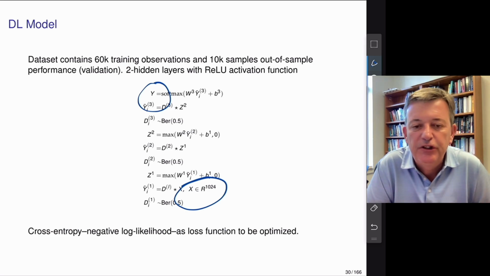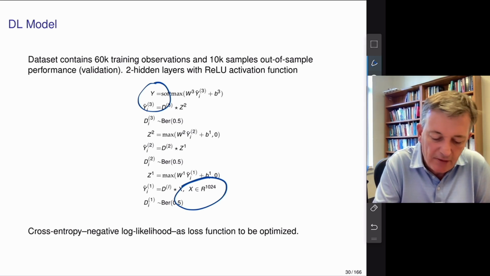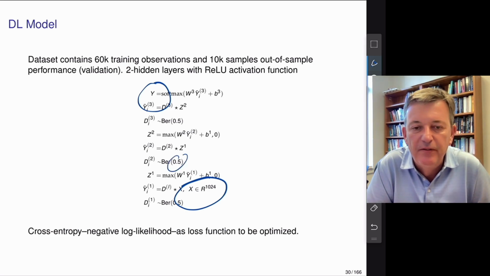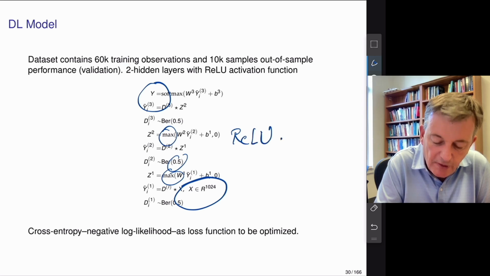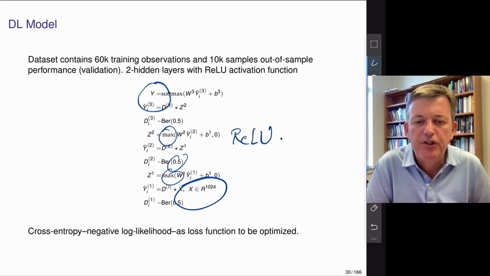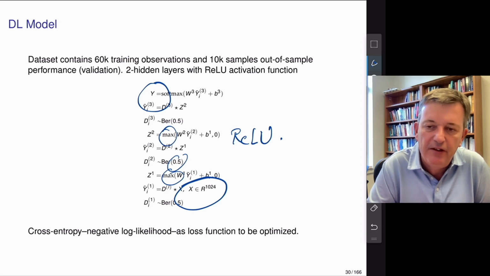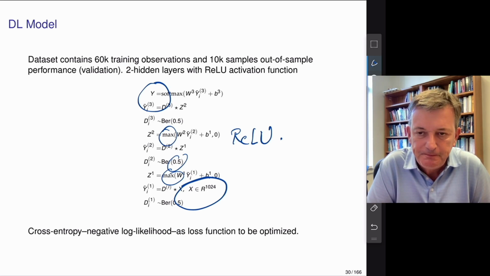Well, I have to shove it through a bunch of layers, dropout layers with a 50% probability of picking a variable, and the max function, which is the ReLU activation function. So it's just a pattern matching rule. You take the data set of MNIST 0s up to 9, and you estimate the weights and offsets.